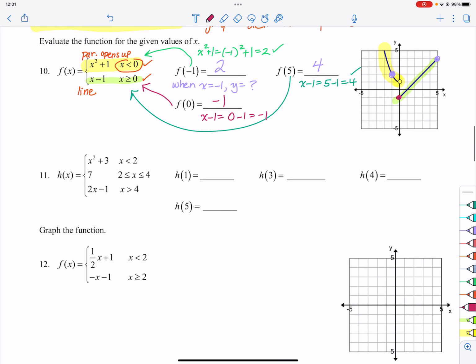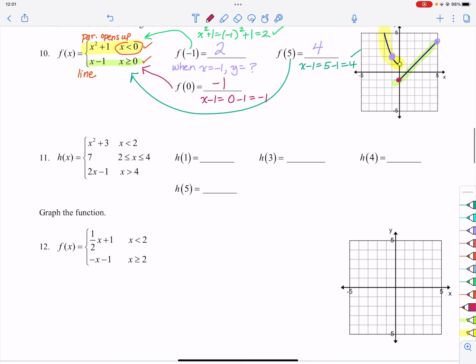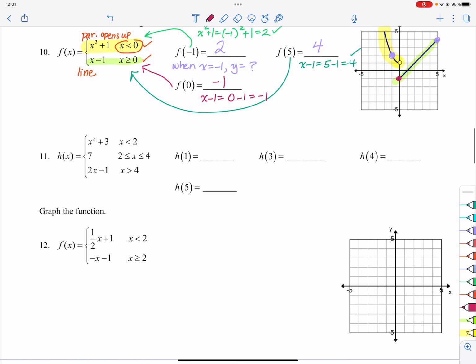Okay, what do you notice about number 11? We have no graph, so we have to use these intervals in order to decide which definition to use. Will we use the first one, the middle, or the last? And it all depends on where our x value is.